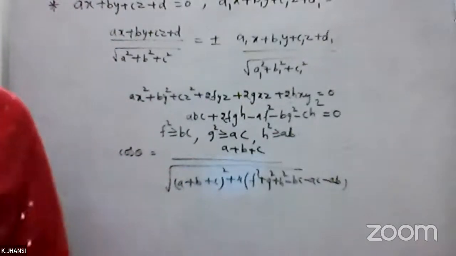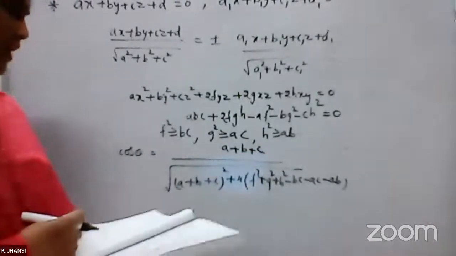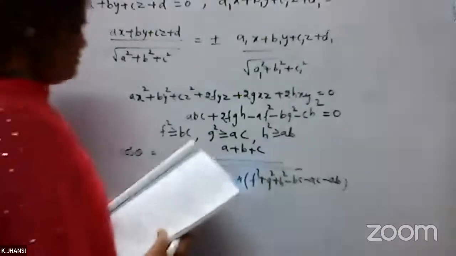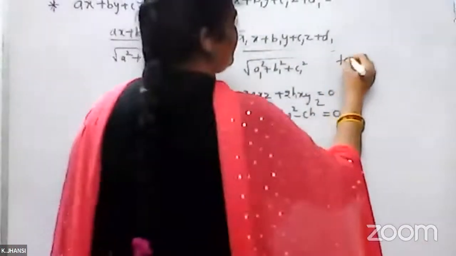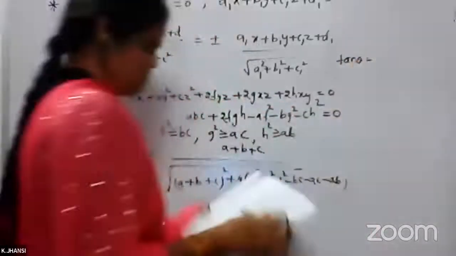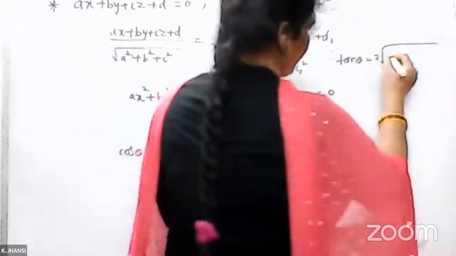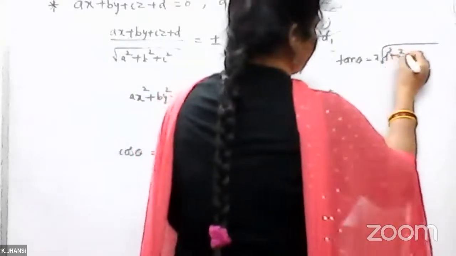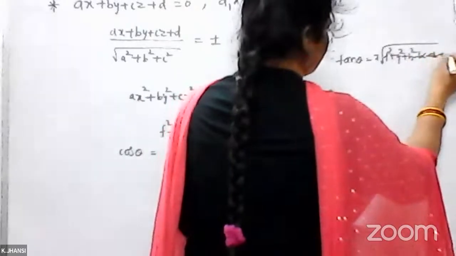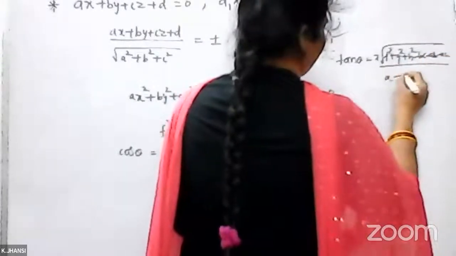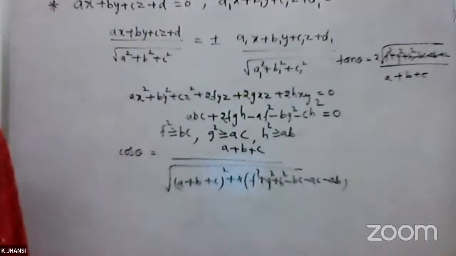In this only, if you want to find the tan theta value directly, you have the formula for tan theta. So here tan theta is equal to 2 into the square root of f square plus g square plus h square minus bc minus ab minus ac, divided by a plus b plus c. Okay.